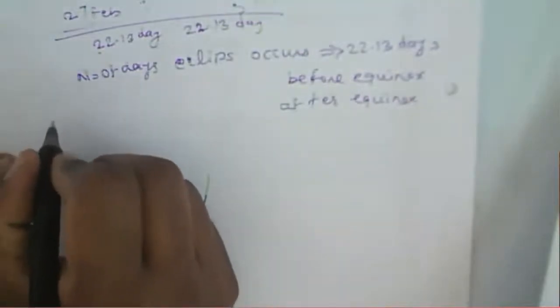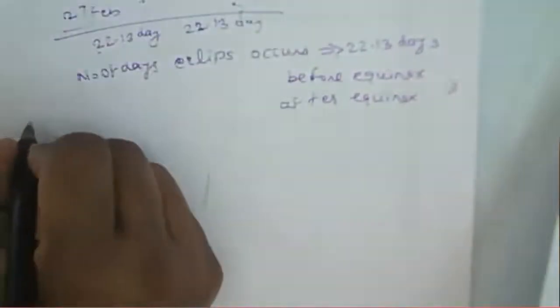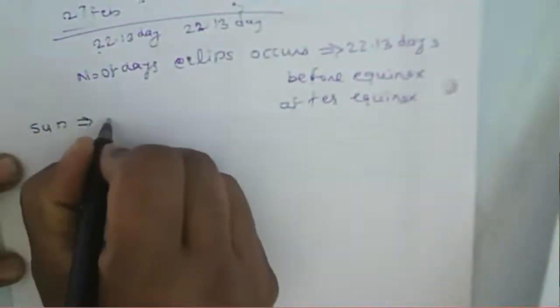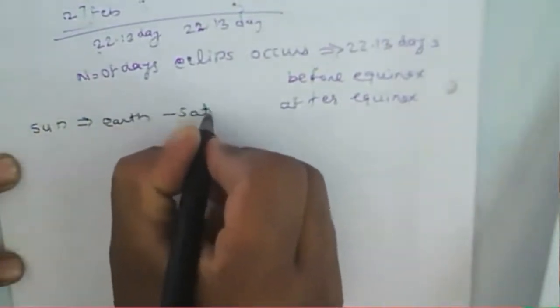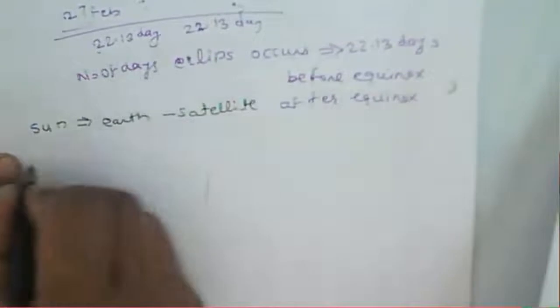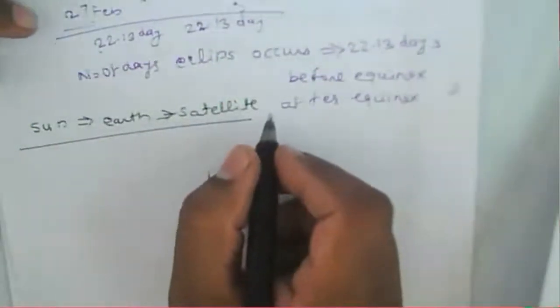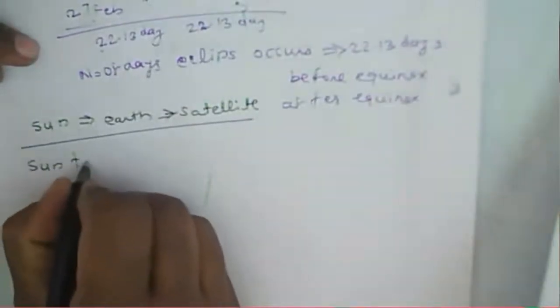Eclipse means a sun, then the earth, and here the satellite. When they are all in line, an eclipse occurs.